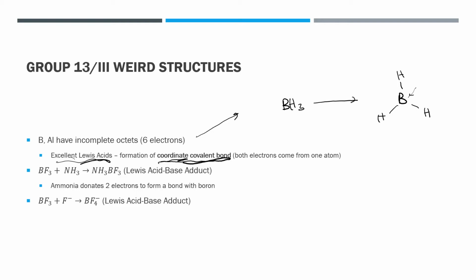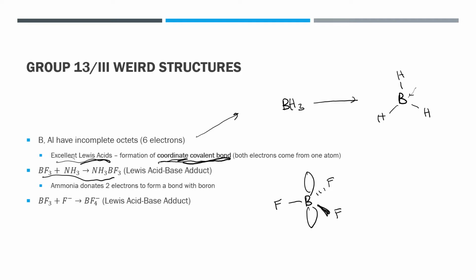So let's look at this next reaction. We have BF3 plus NH3 goes to NH3BF3. So let's draw this out, right? We have our boron fluoride compound, and if I draw this out, it'll look something like this with our empty p orbital. Remember that because we only have 3 electron domains and no lone pairs, this is sp2 hybridized, and that means we have an empty p orbital.